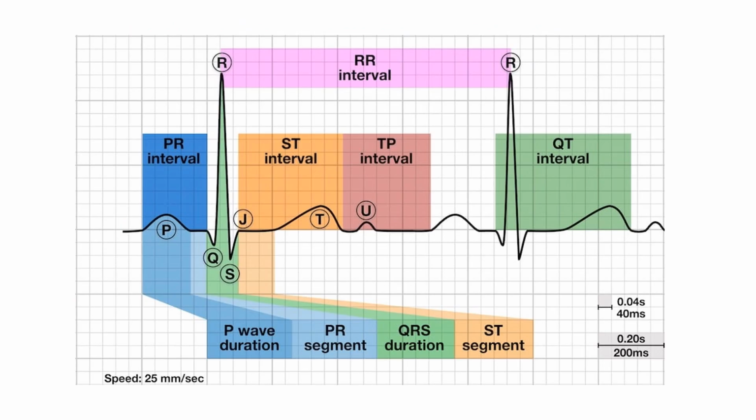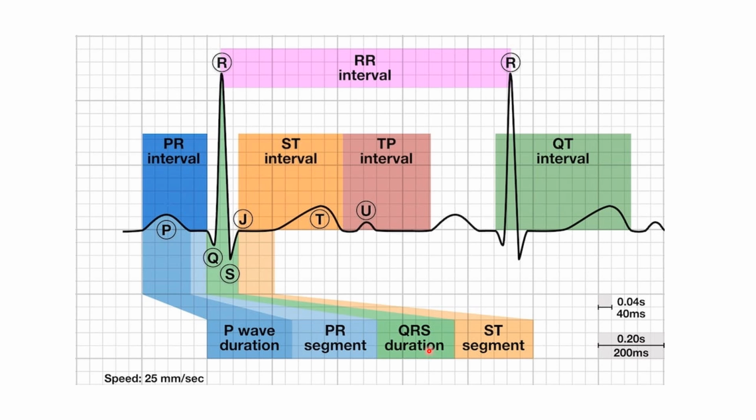This image here shows you our intervals and our segments. So we can also measure these to identify abnormalities. So for example, if we look at our QRS, let me change my pointer here so you can see it, QRS, and we call this QRS duration.